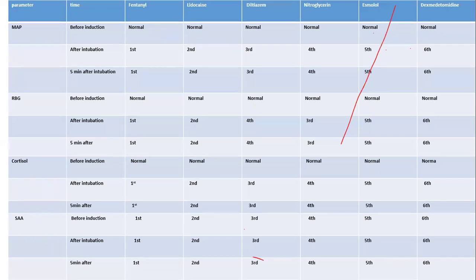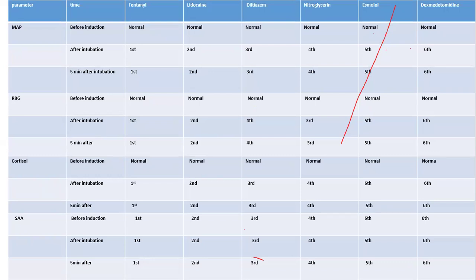And because we expect that within 30 seconds to 1 minute of the laryngoscopy, that is when the pressure response is maximum. And at about 5 to 10 minutes, there's a decrease in the parameters, heart rate and the blood pressure, as the case may be.